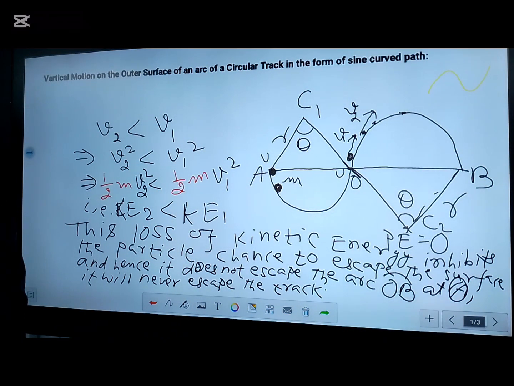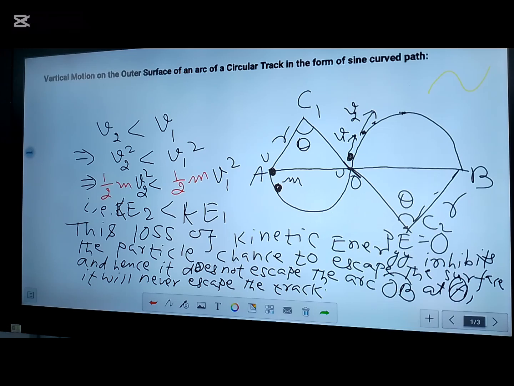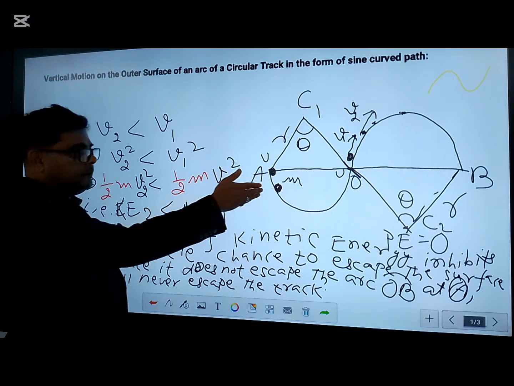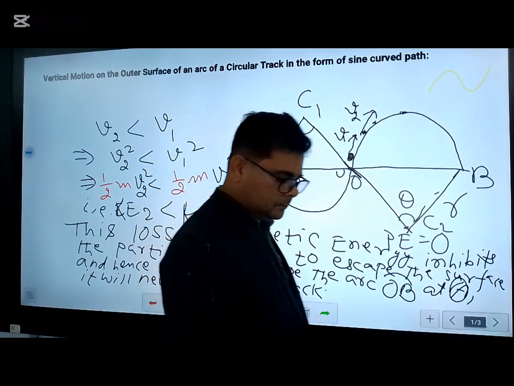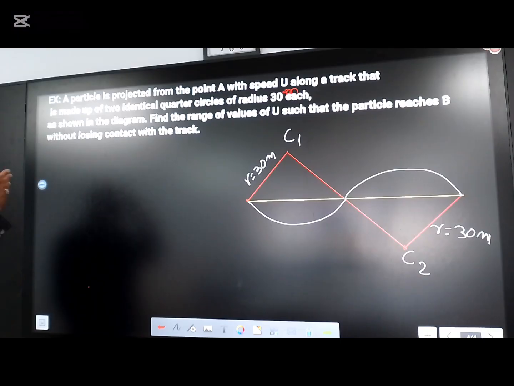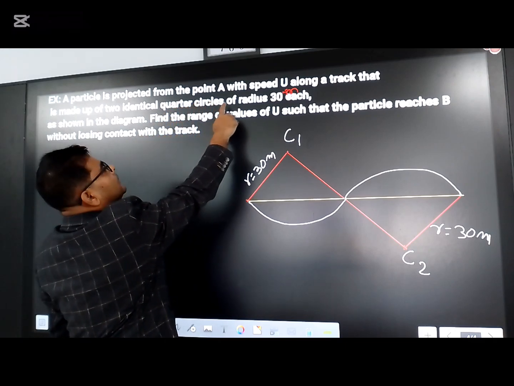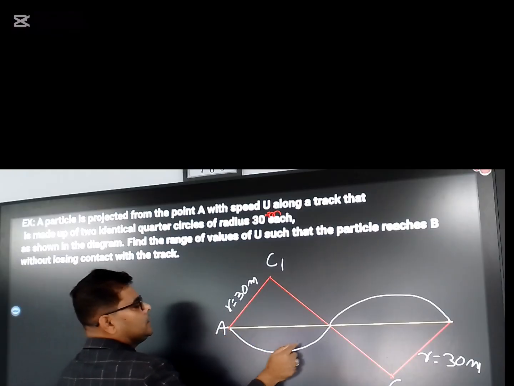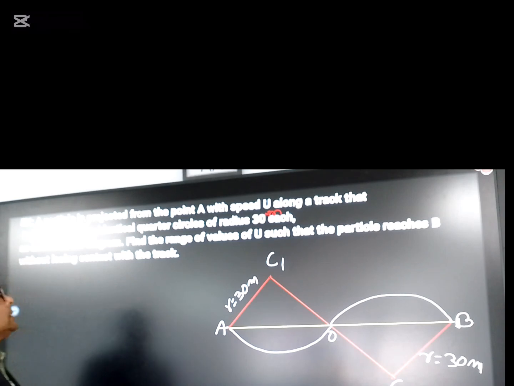So let's make it even clearer with one example of this sort of circular motion. Here is an example. A particle is projected from the point A. You can call this point A, and this is O, and this is B. Let's read out the question first.